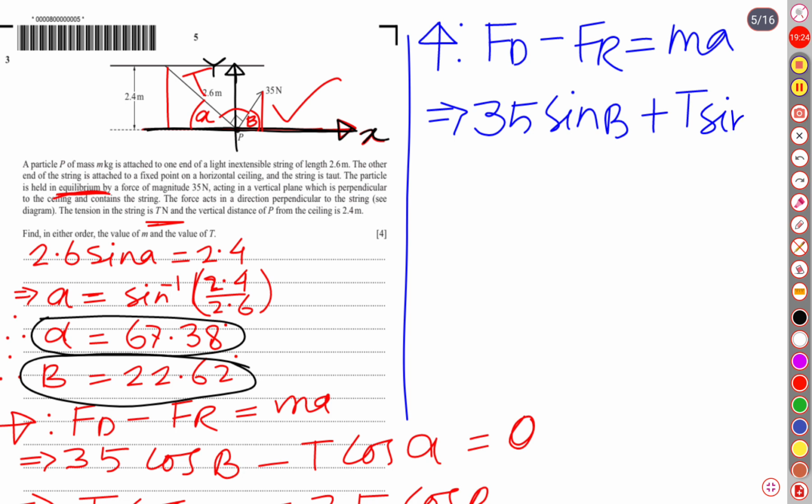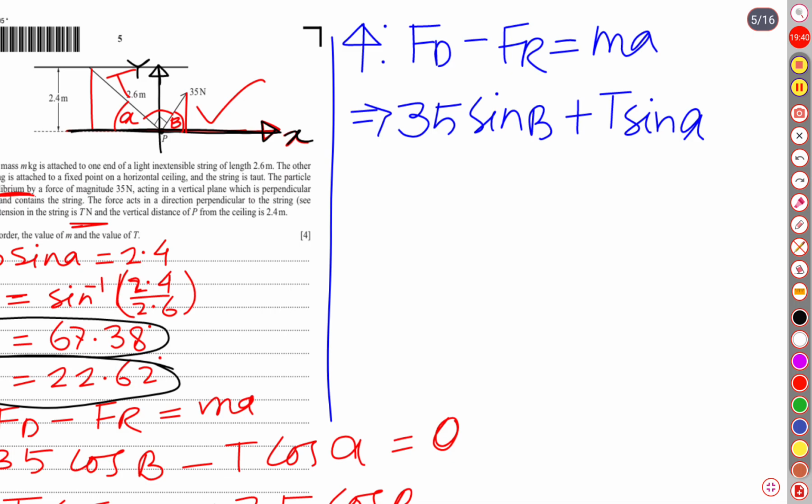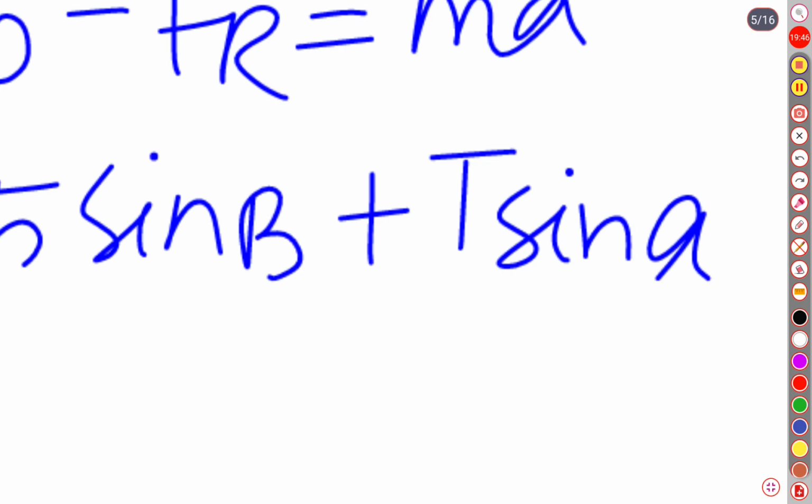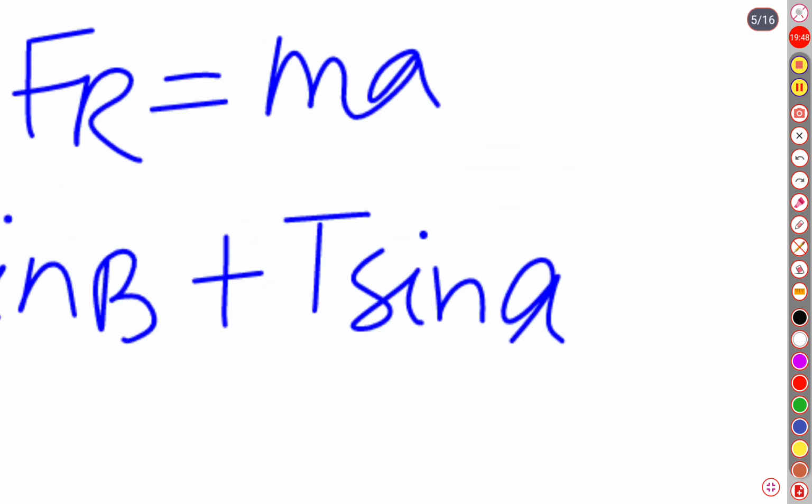And now the negative, downward force is actually P, the mass of particle P, which is M. So we write minus mg cos 0 degree, because the angle is actually 0 degree here, equal to 0.